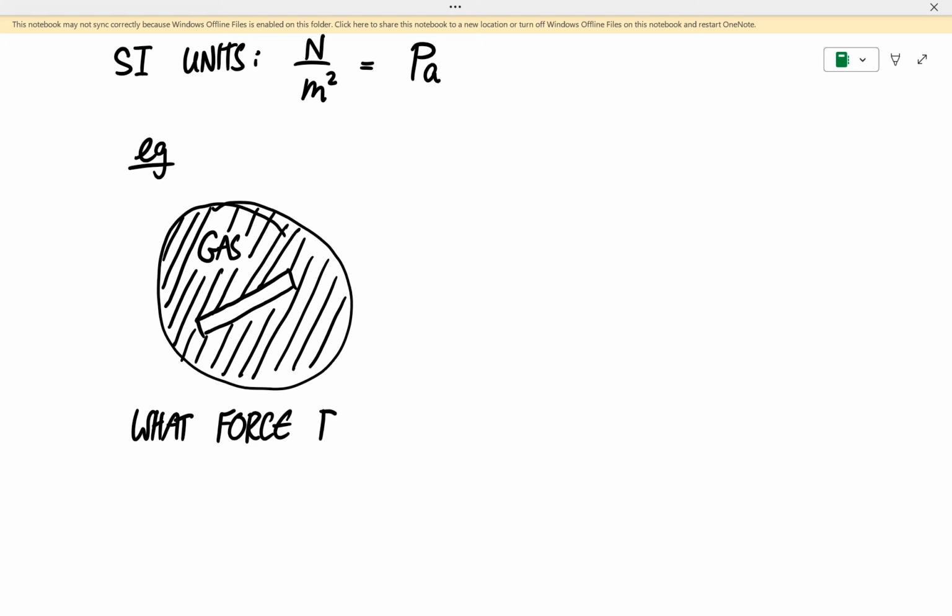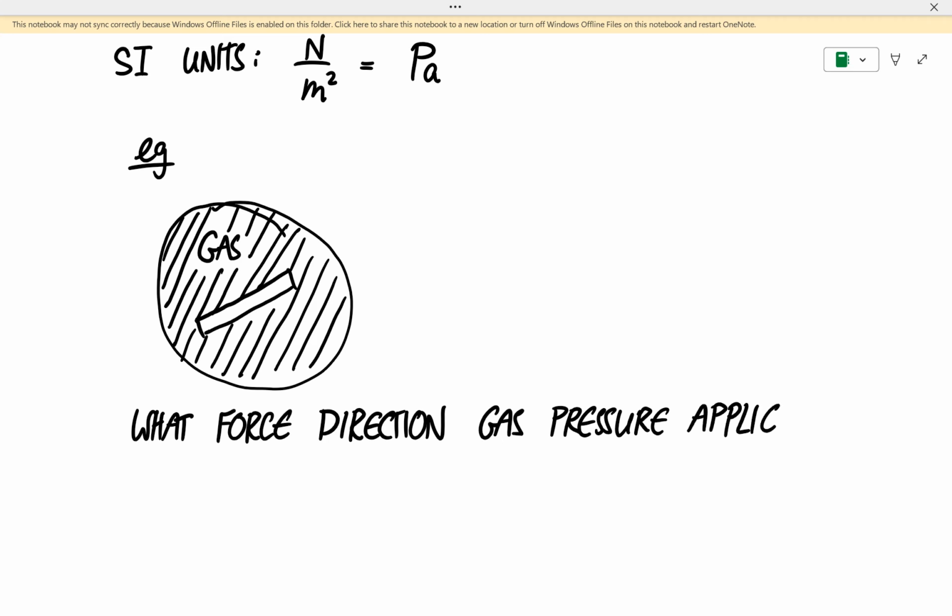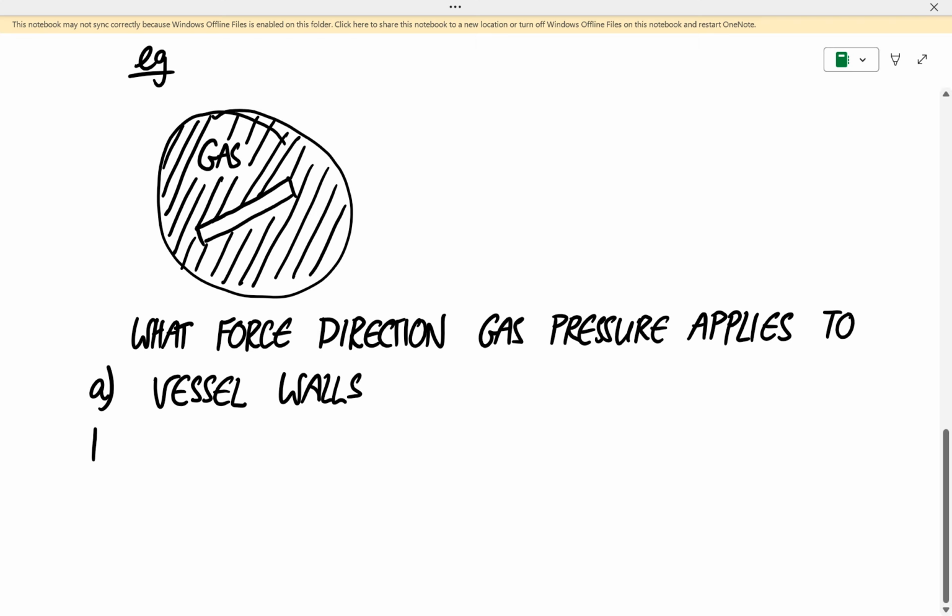So what's the force direction that the gas pressure applies to, first, let's say the vessel walls, and then second to the object inside.